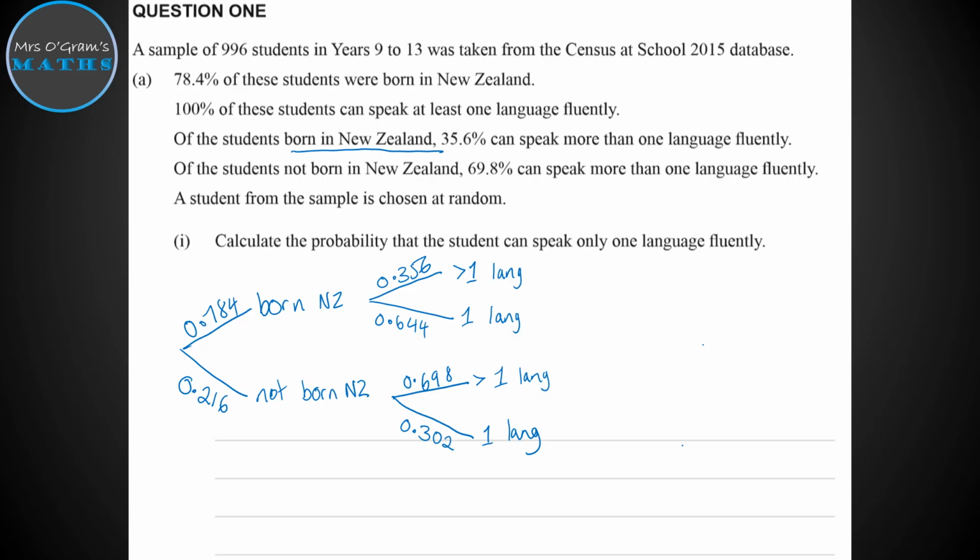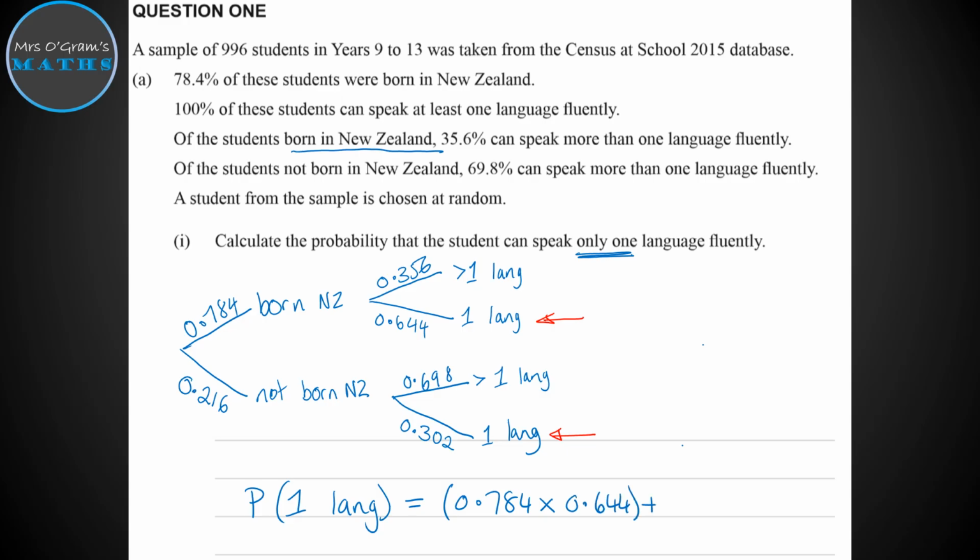Now calculate the probability that the student can speak only one language. Okay, so the two portions of our tree diagram here are either this branch or this one, where it comes out to just one language. So the probability of that first branch is 0.784 times 0.644.